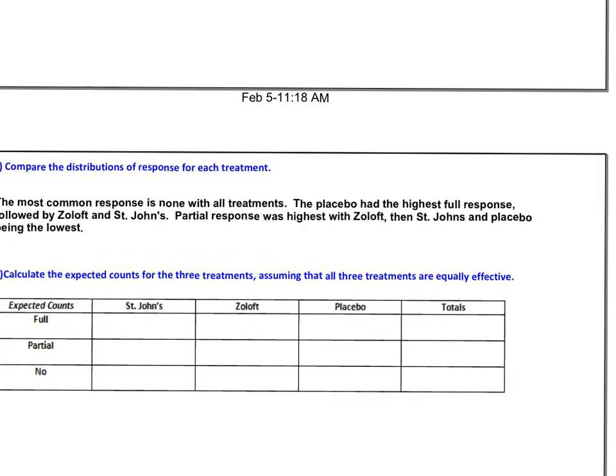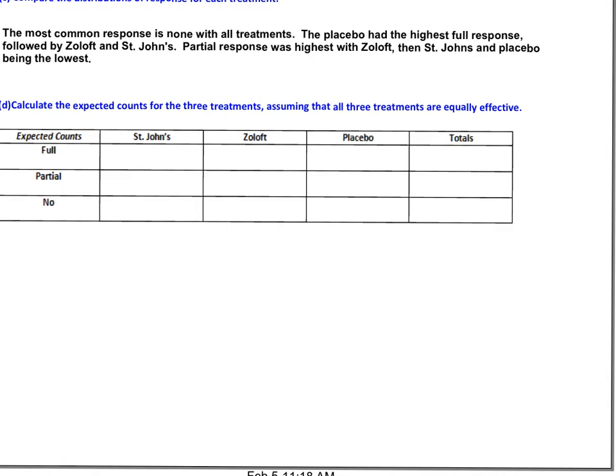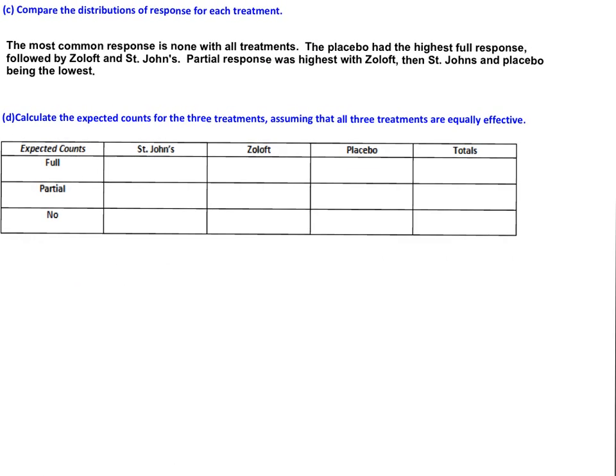So down here, I'll take you through how we get these expected counts. Notice it's a 2-way table now, as opposed to a list to store our data, because we have these 3 different columns. So I'll take you through a couple of these as to how they're done. Here were the totals.